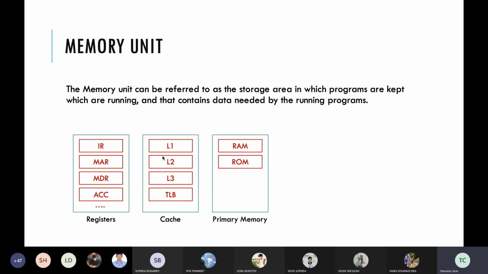We have the SRAM, we have the DRAM, and inside the DRAM, there are many more types like DDR3, DDR4, and now the latest version is DDR5. But they are actually SDRAM memory. So there are a lot of memory or RAM inside our computer, and anyway, they are called primary memory.